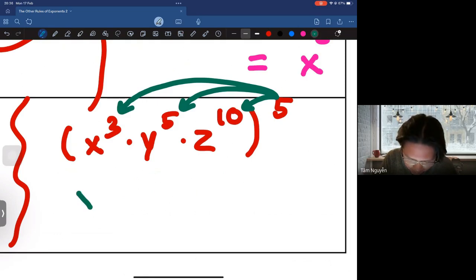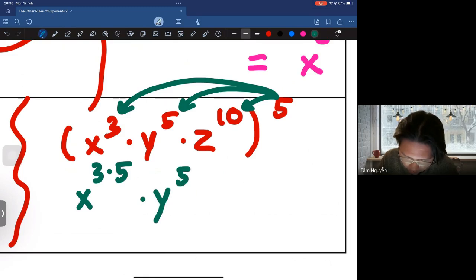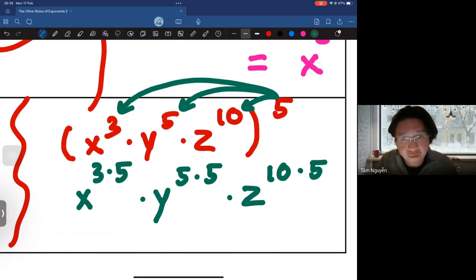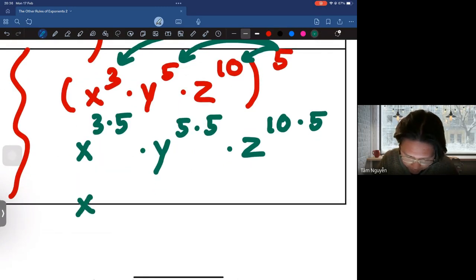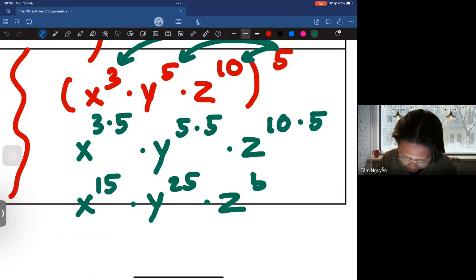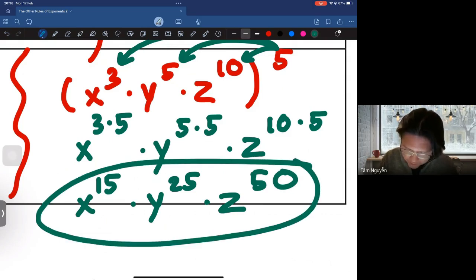So the x becomes x to the power of 3 times 5, y to the power of 5 times 5, and z to the power of 10 times 5. Our final answer becomes x to the power of 15 times y to the power of 25 times z to the power of 50.